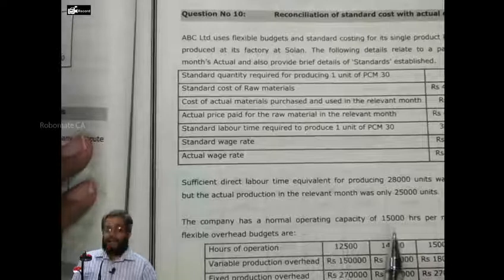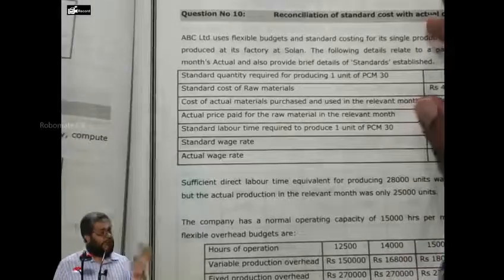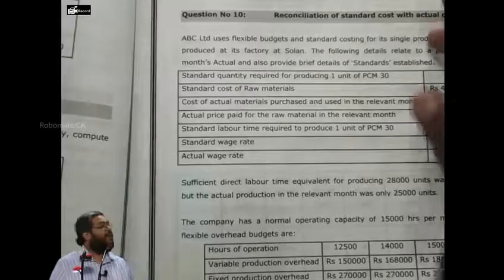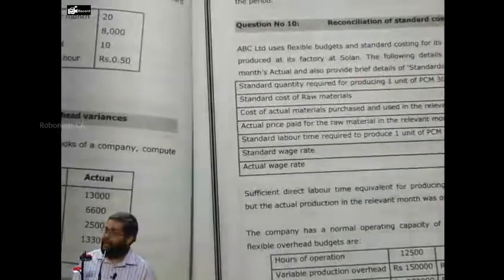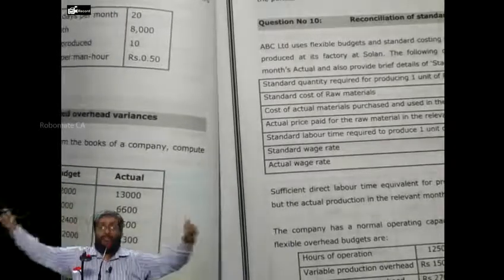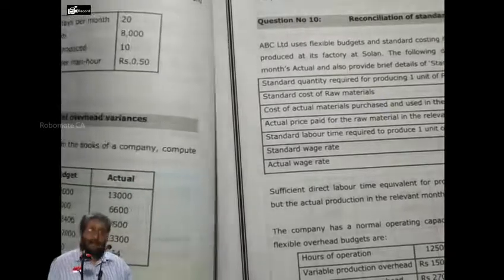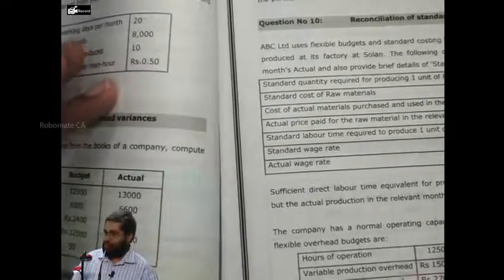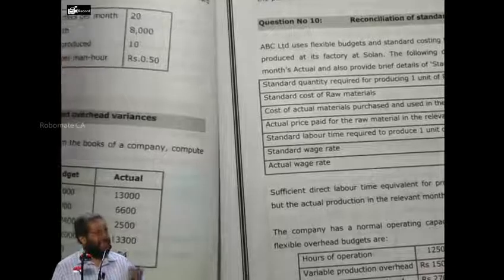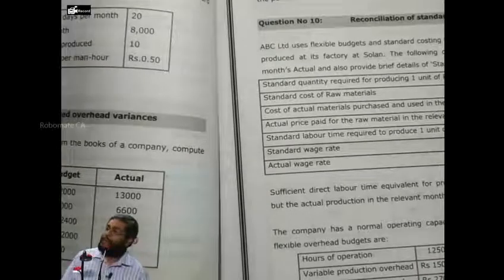And the normal capacity is how many hours here? 15,000 hours. The word normal means budgeted, because we don't budget abnormally. There's always a difference between normal capacity and full capacity. This room may have an 800 student capacity. Normally 600 student admissions come, so the normal capacity is 600.